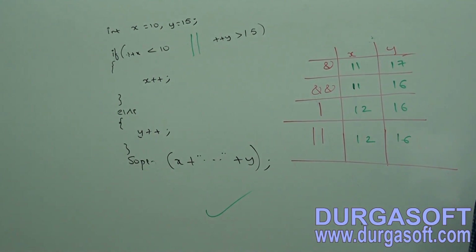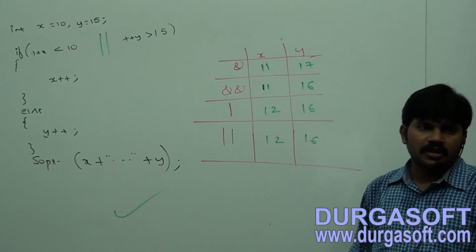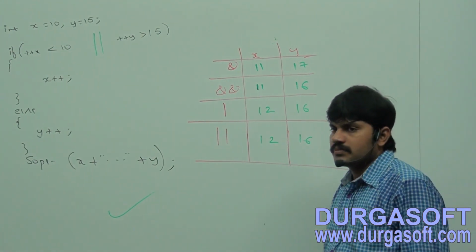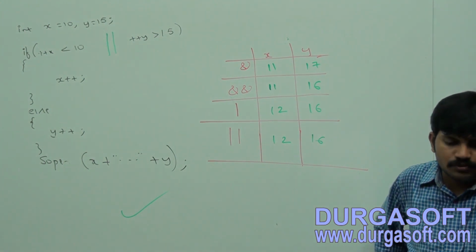int x is equal to 10, y is equal to 15. Better to take the output also. These are the short circuit operators we have.